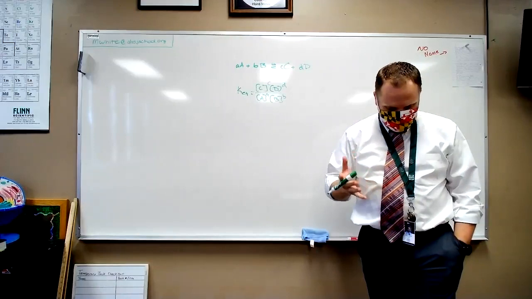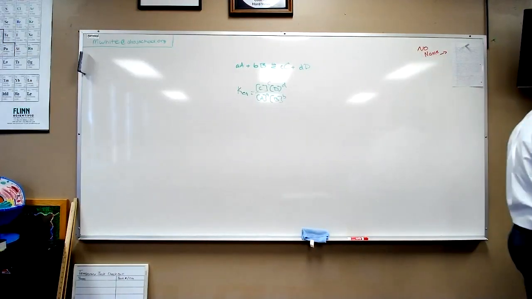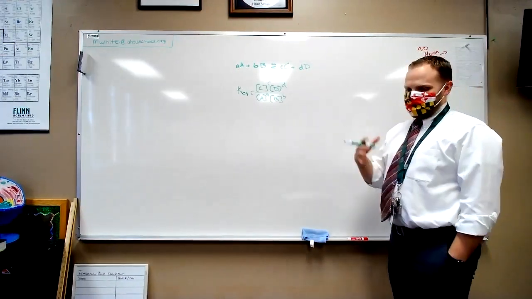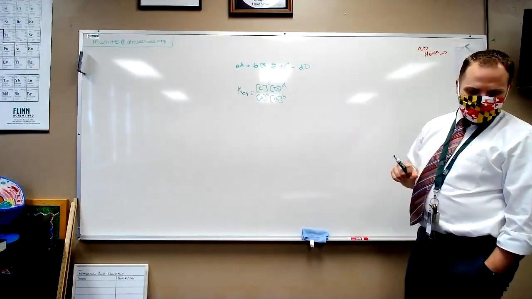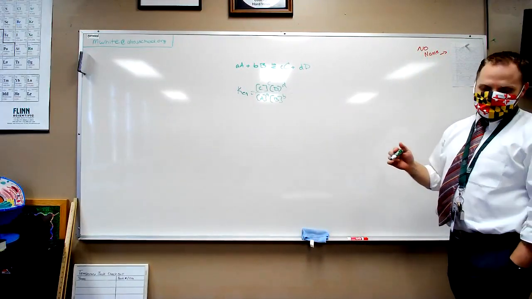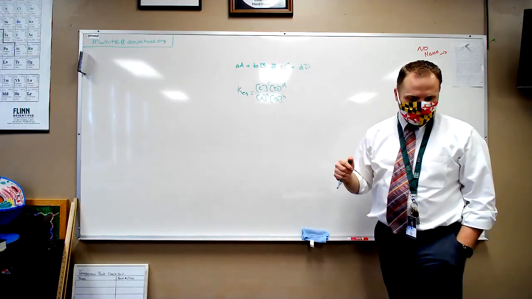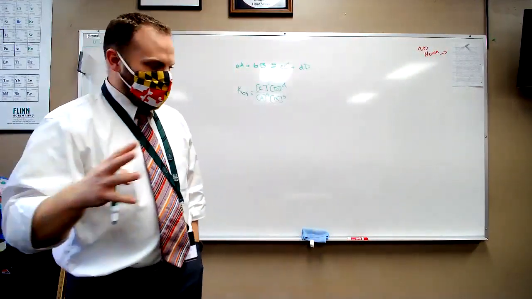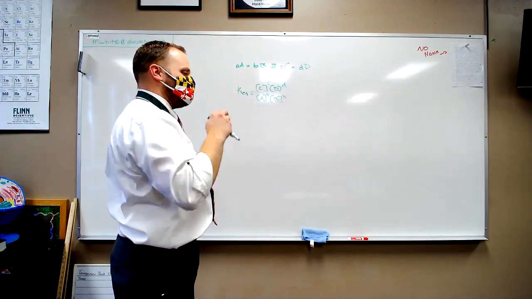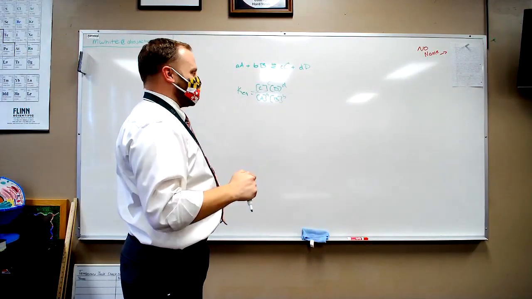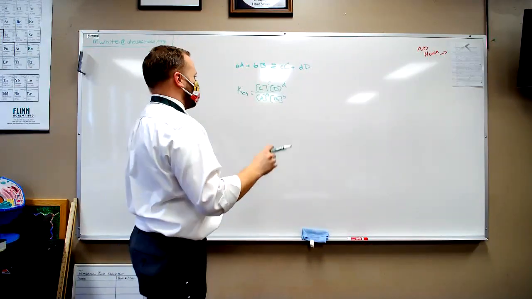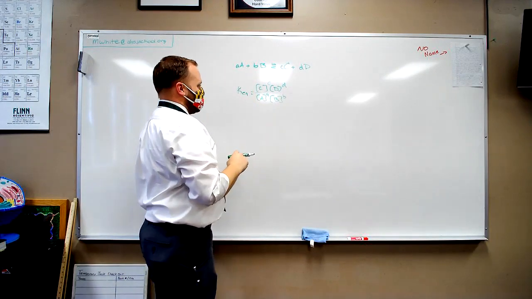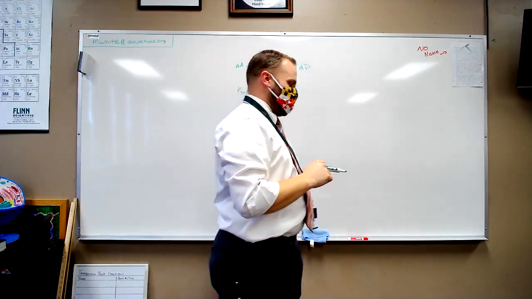So the first thing that we can do, and honestly, this isn't really new, but it talks about it in this section, so we'll just go over it really quickly, is calculate equilibrium concentrations. The only real difference is that in the previous section, you were given the concentrations and asked for the equilibrium constant.